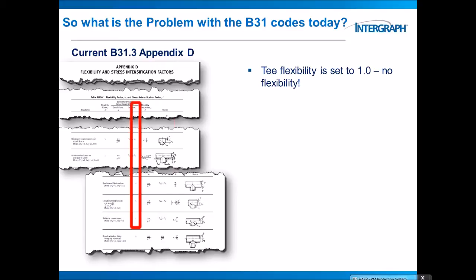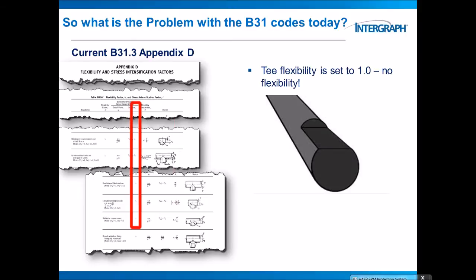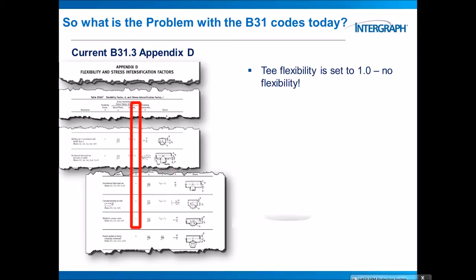It's the flexibility factor, the K value. For intersections in B31.3 Appendix D, the value is 1. There is no flexibility for intersections. And that's just not the case in reality. According to this, the T's are rigid bars, such as this one here. But that's not the case.